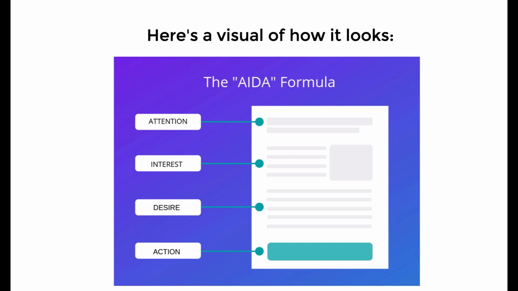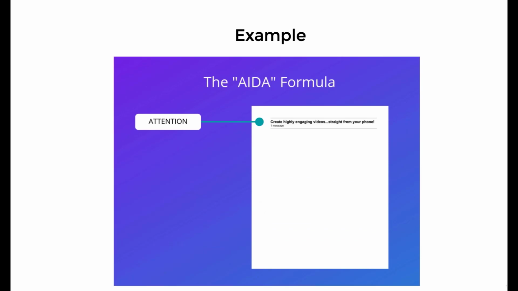There are four parts of the AIDA formula. The first part is attention. If you want people to take action, you first have to get their attention with the headline or subject, like the video title. For example, here you can see the subject of this email: it creates highly engaging videos straight from your phone.